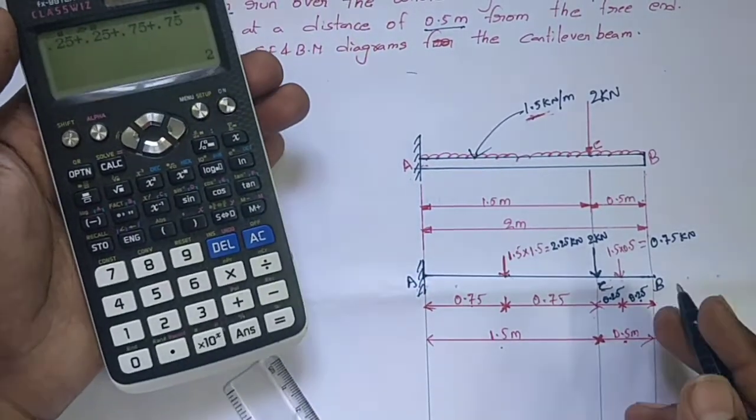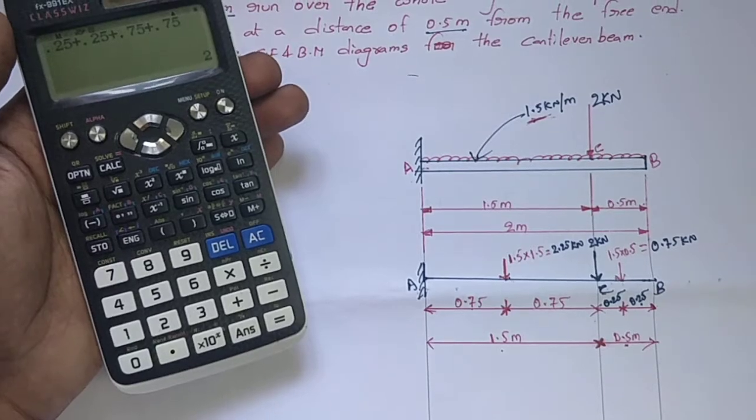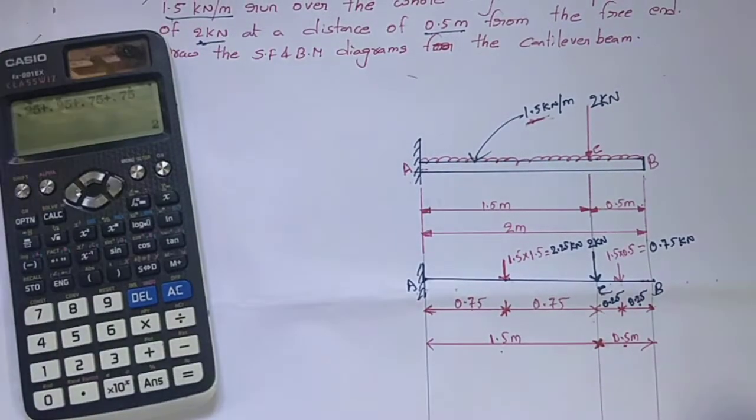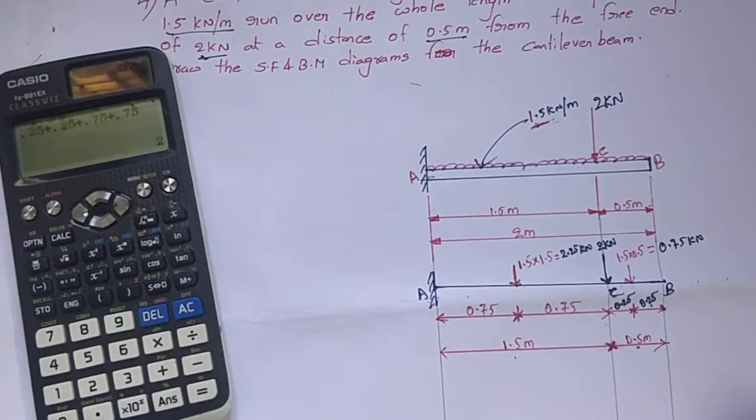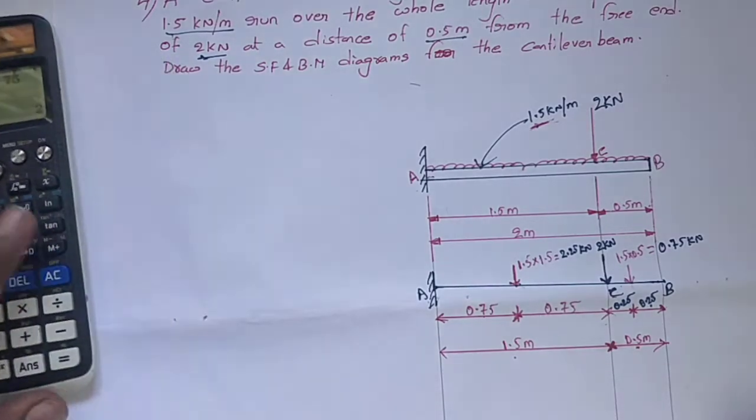Okay, up to now we converted UDL to point loads. From this, as in the usual process, whatever method we used to solve the first problem, the same method we have to use here.